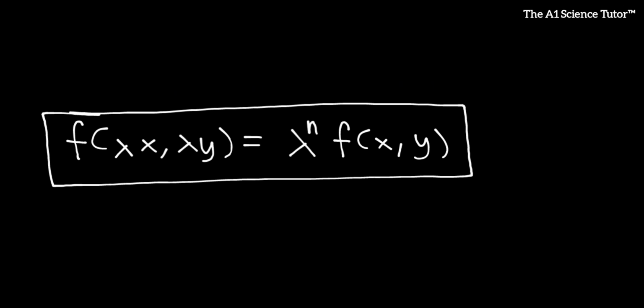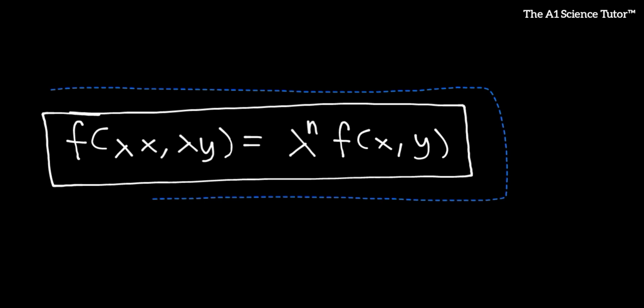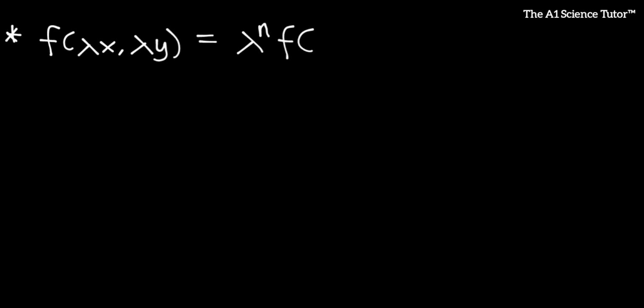Okay, I just need to wipe this first off. So we know that for that, f of lambda x comma lambda y should actually be equal to lambda to the nth power multiplied by f of x comma y, right?